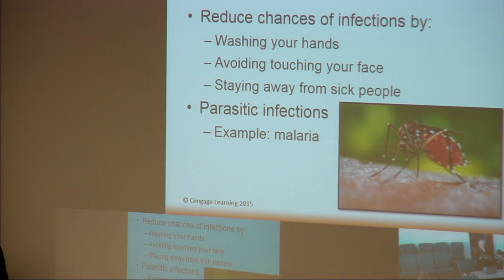All right. So some ways of reducing your chances of these infections is washing your hands. Notice it says washing your hands, and this is me going on a soapbox here, because there's this big thing where a lot of people don't necessarily wash their hands, but what do they do instead? They use hand sanitizer. The purpose of hand sanitizer is just to get you by until you can wash your hands.